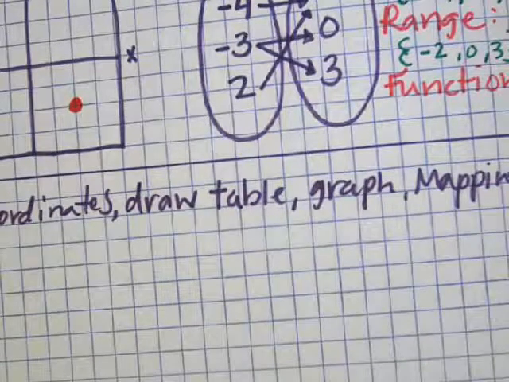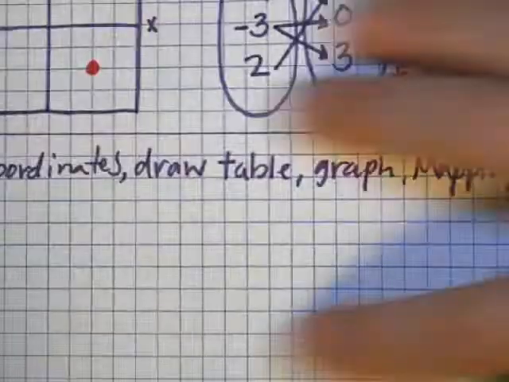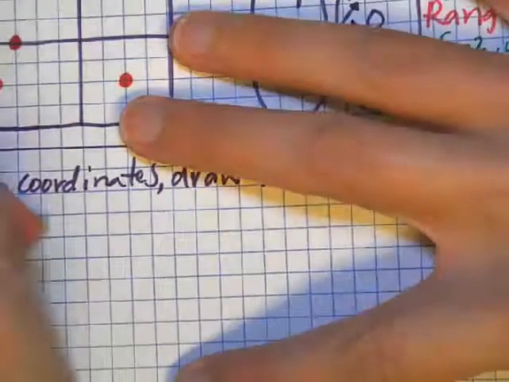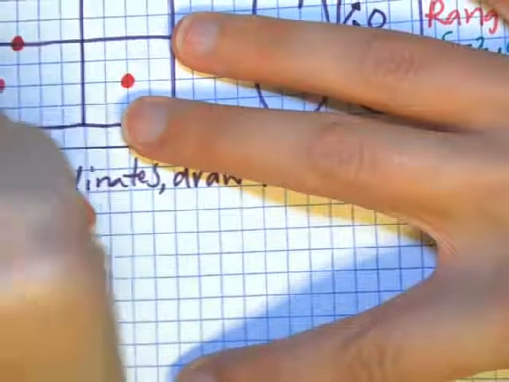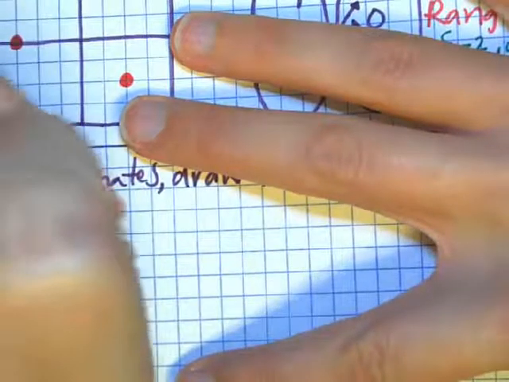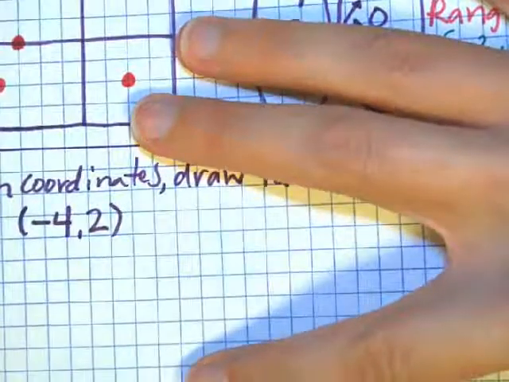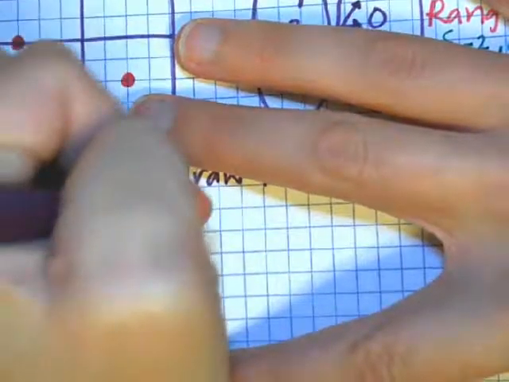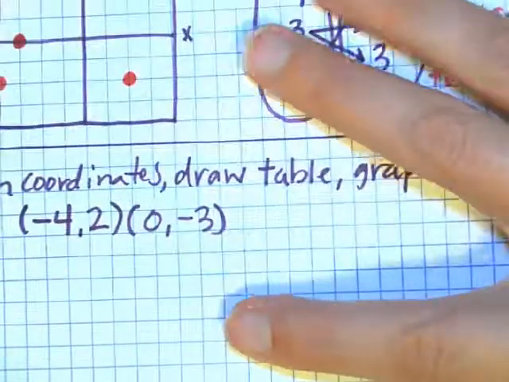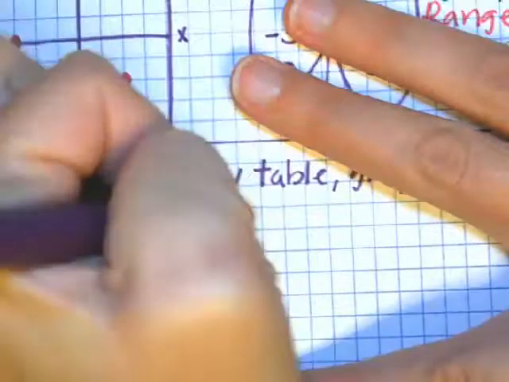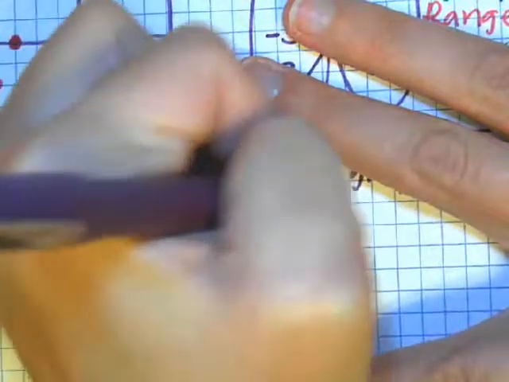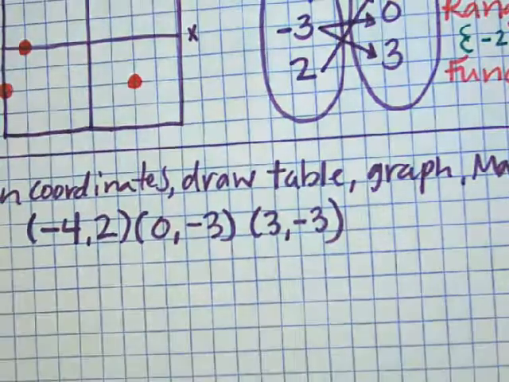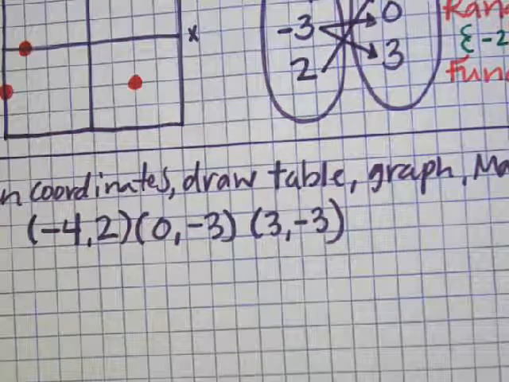Okay, so my coordinates are going to be -4 and 2. I'm only going to have 3 of them. 0, -3, and 3, -3. Okay, so here's what the problem's giving me.